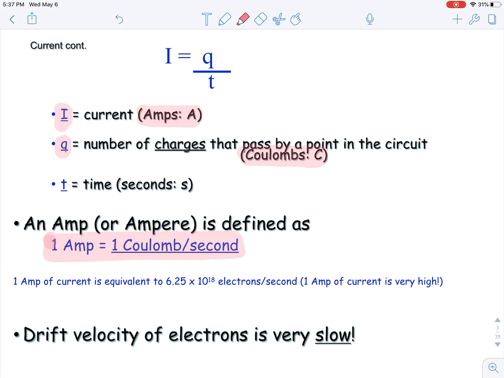Ampere is what we call a derived unit. It's what we get when we divide coulombs by seconds, so we don't have to deal with complicated coulombs per second or anything like that. We just make it into amps. And electrons actually move fairly slowly through wires. You would think they would move fast because you think of it as light, but the electrons actually move slowly.